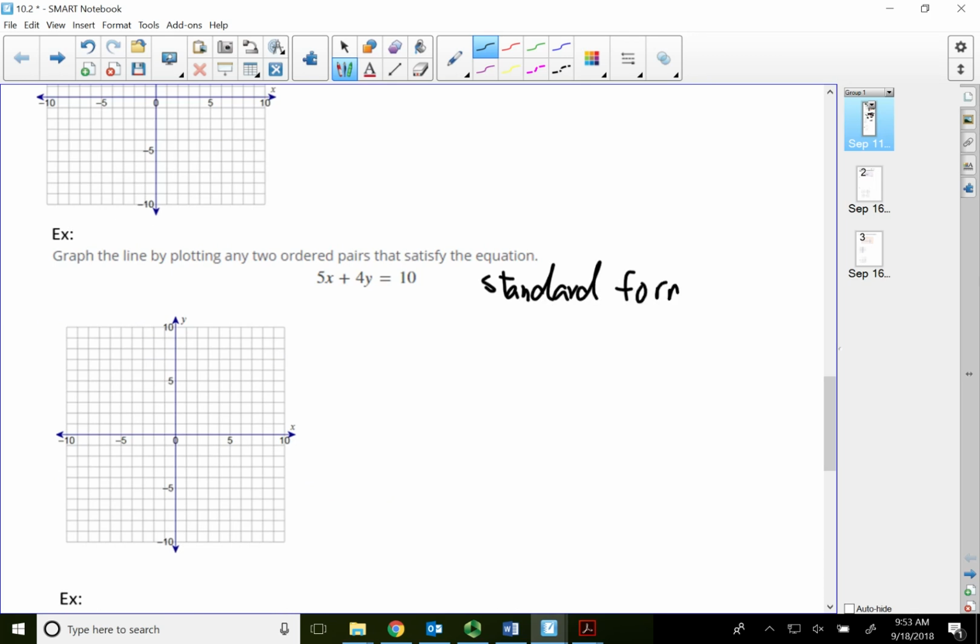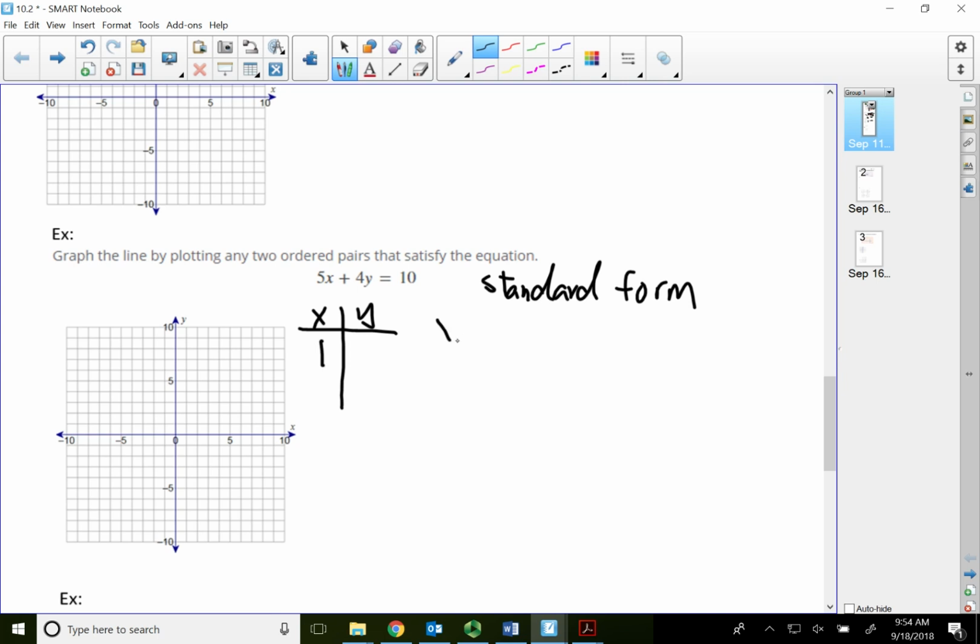I'm going to purposely do this right now to show you what's going to happen. When I draw my x and y table, let's pretend I pick a number for x, and this time I'm going to pick 1 for x.